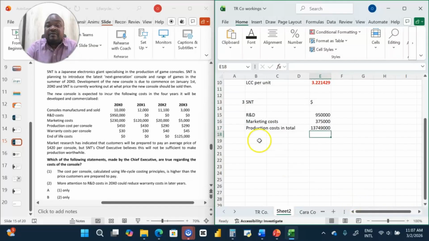Press enter. It was quite a large figure. Anyway, it is what it is.